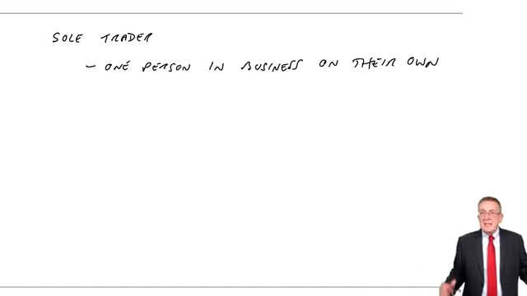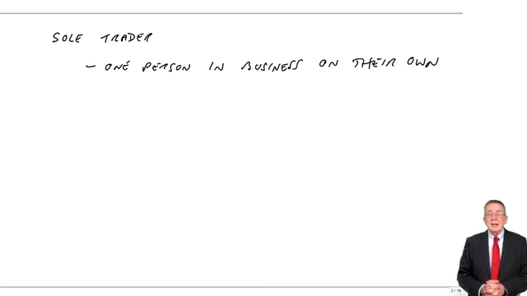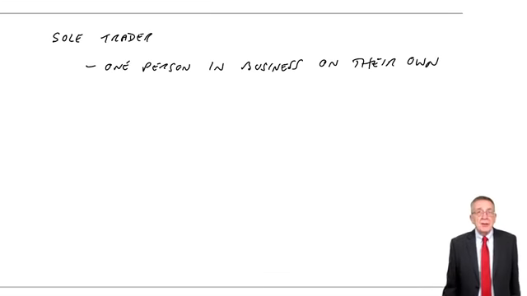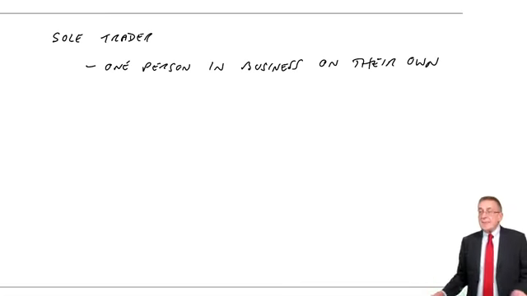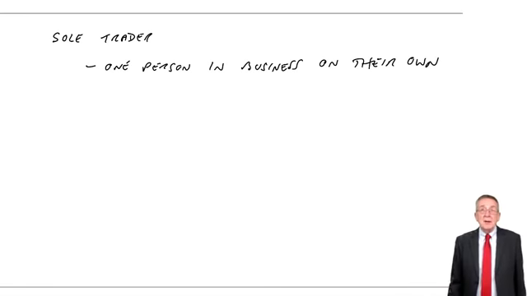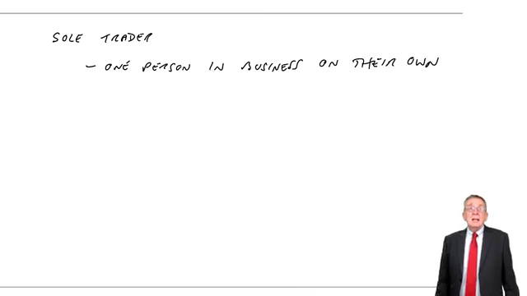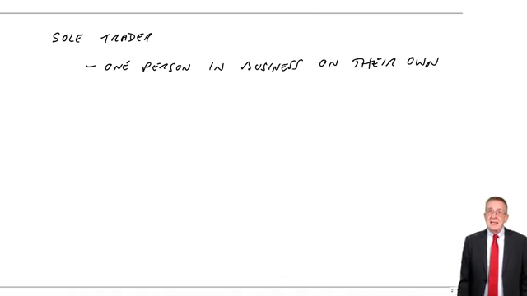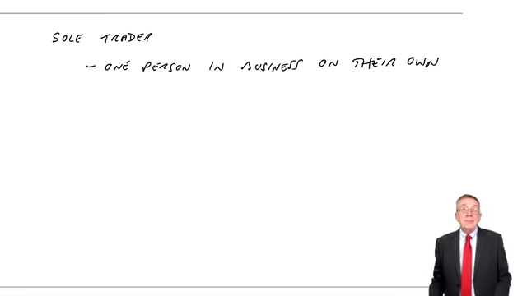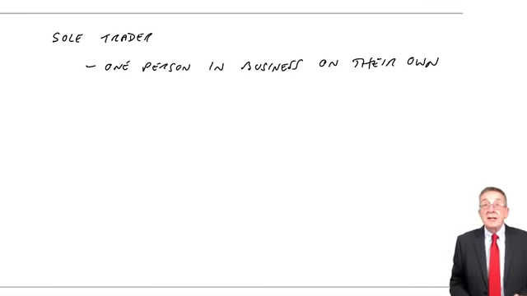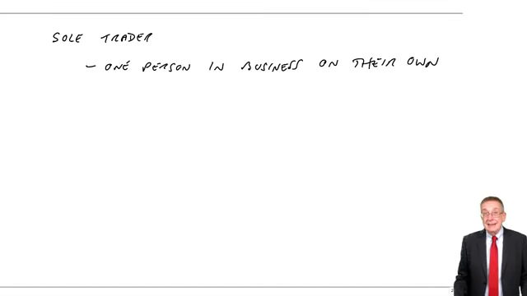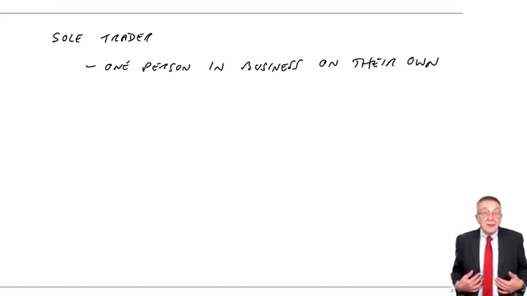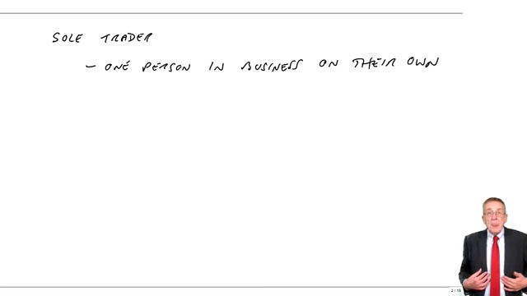Nothing to do with limited companies or anything, whether you've heard of them or you haven't. It's one person in business on their own. So there's nothing to stop me renting a stall in the market and buying and selling DVDs. Fine, just go along, buy a load of DVDs, rent this stall, sell them, and of course I hope to make a profit. And obviously any profit will belong to me.